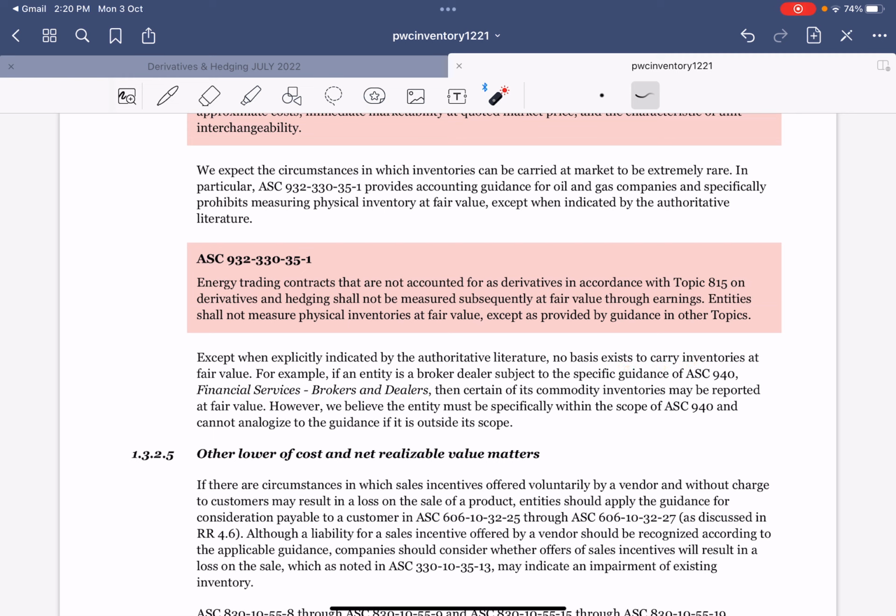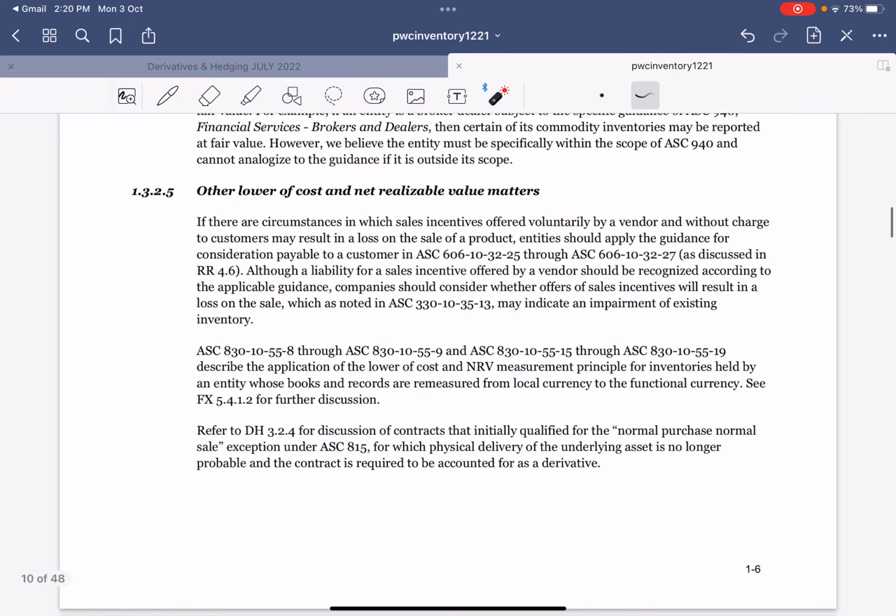For example, if a broker-dealer is subject to specific guidance in ASC 940, financial services broker and dealer, then certain of its commodity inventory may be reported at fair value. However, we believe that the inventory must be specifically within the scope of 940 and cannot be if it is outside the scope.